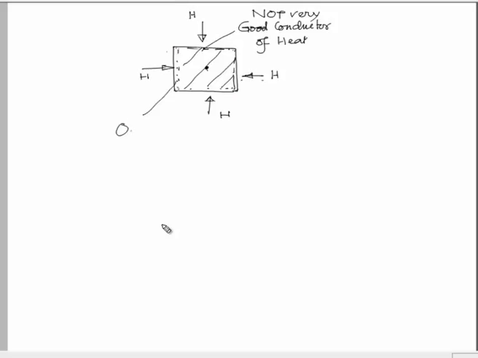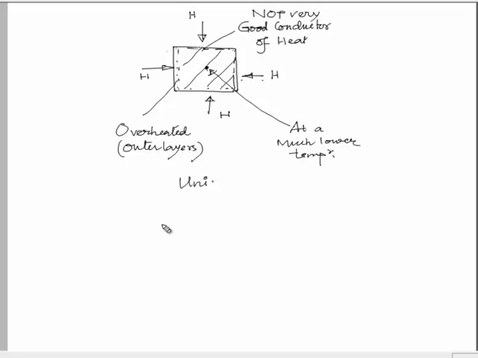There is a chance of getting overheated, these outer layers. On the other hand, this point may be at a much lower temperature. That means, the uniformity in heating is less.